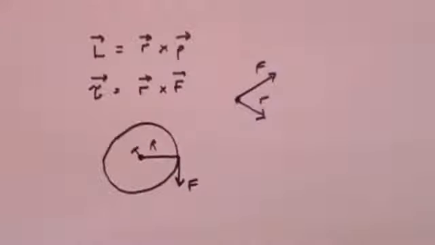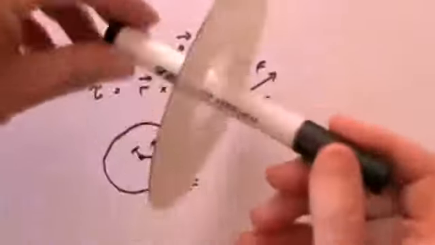So let's try to demonstrate that. Here is a disc. It's actually a DVD disc, and I'm going to put it on an axis. So there we have a disc on an axis.